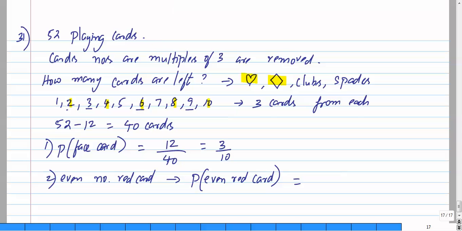The new condition is I have 1, 2, 3 and 4. So totally I have 4 in this and 4 in this. So I am left with 8 upon 40. So it is again 2 upon 10, that is 1 upon 5.